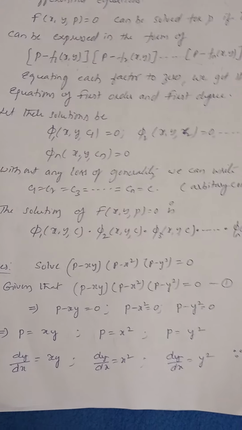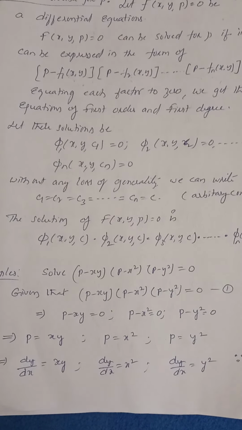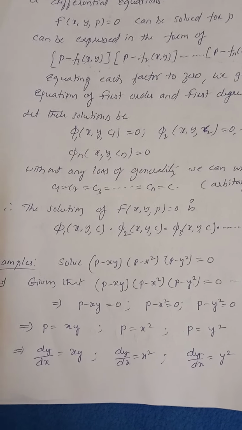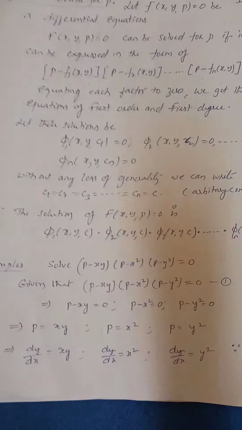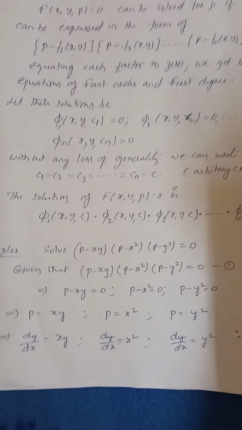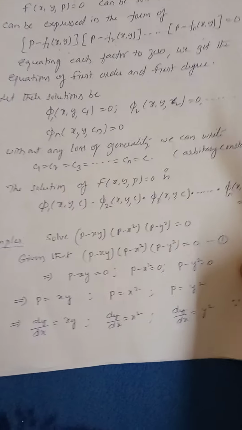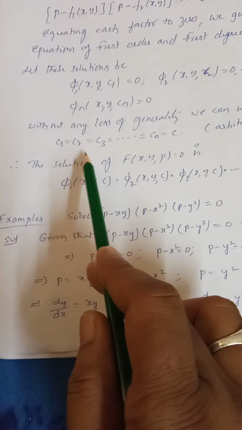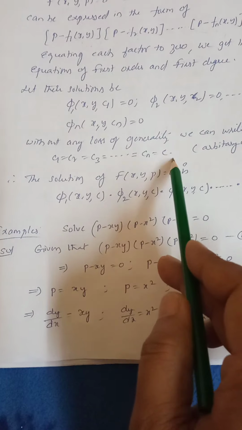Why, sir? What is the reason behind it? Because the given differential equation is of order 1. If it is of order 1, then its solution contains only one arbitrary constant, right? Then only that solution is called a general solution. Now without any loss of generality, we can write c1 is equal to c2 is equal to so on, cn is equal to c.